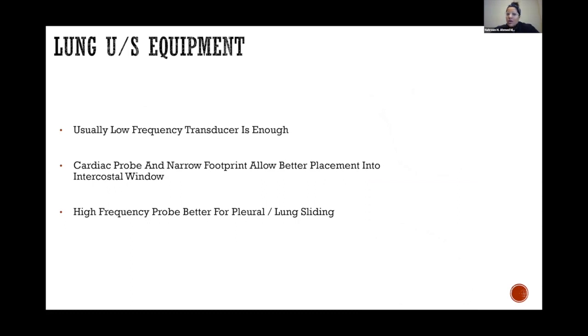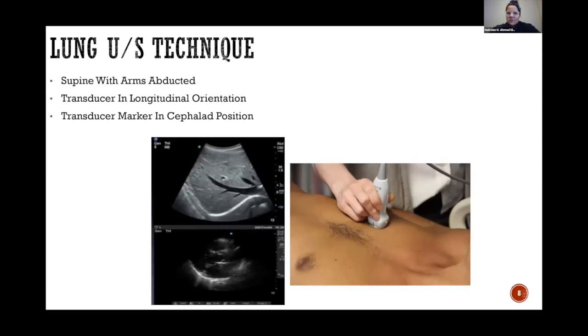This is why placement in the intercostal window is so important, because you want to be in between the rib spaces. In order to do that, the probe itself has to have a narrow footprint. Now, the high frequency probe, of course, is better for pleura and lung sliding, which we'll talk about a little bit more. If you have that available, that's great. But again, the low frequency probe is enough.